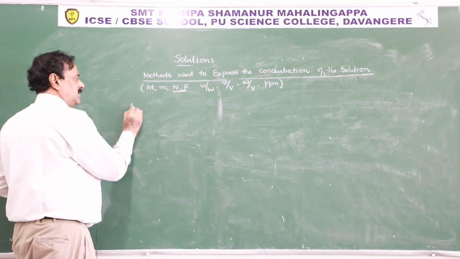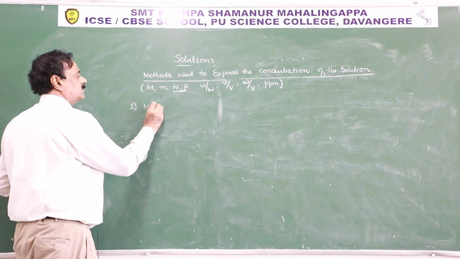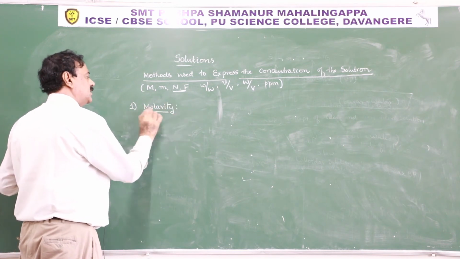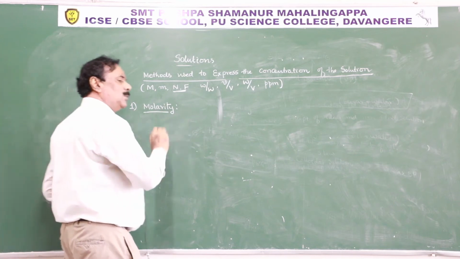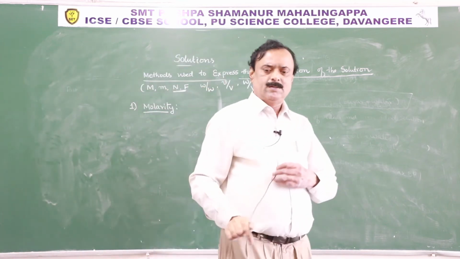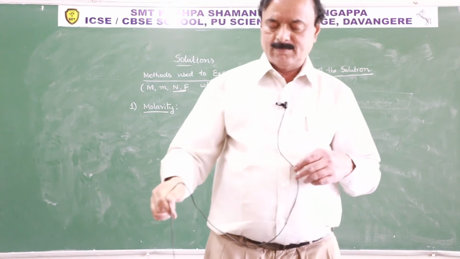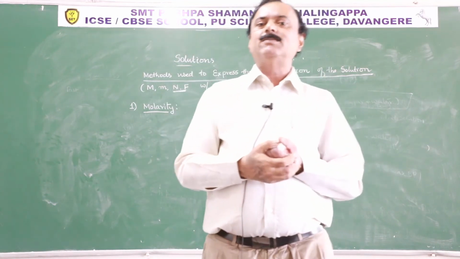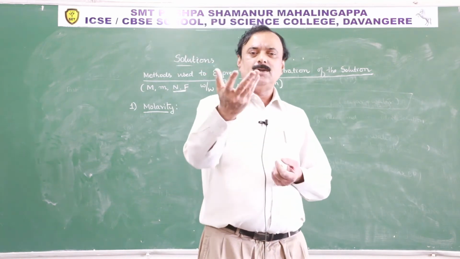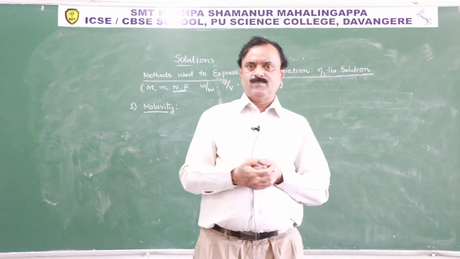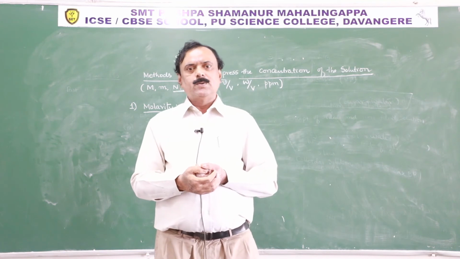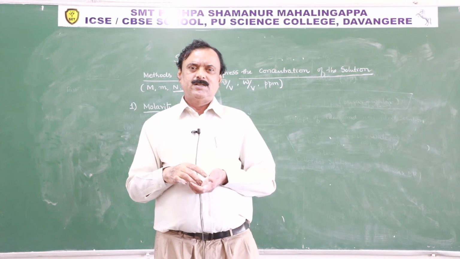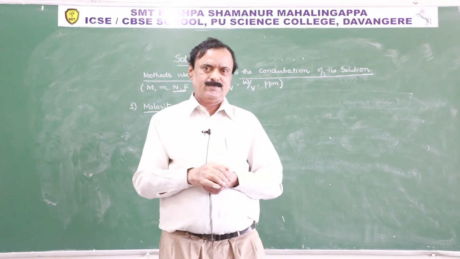Now the first one is molarity of the solution. In your first PUC chapters you studied the mole concept. What is a mole? Mole is nothing but the gram molecular mass of the substance. Molecular mass has no unit; it is a mere number.